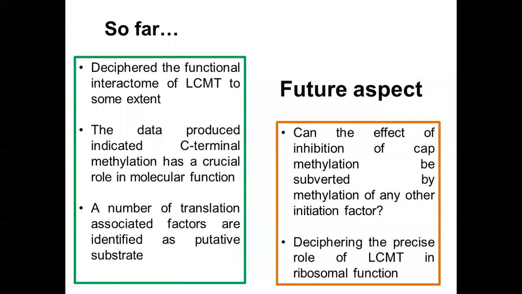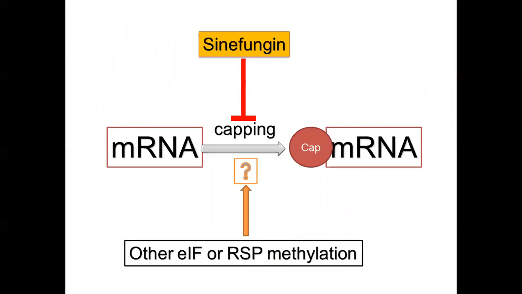So that is our future target. This is the model that we think: sinefungin, the inhibitor, inhibits mRNA capping, and because LCMT can contribute to resistance against sinefungin, it can potentially regulate the process of translation initiation, and we want to address this gray area which is not yet clear.